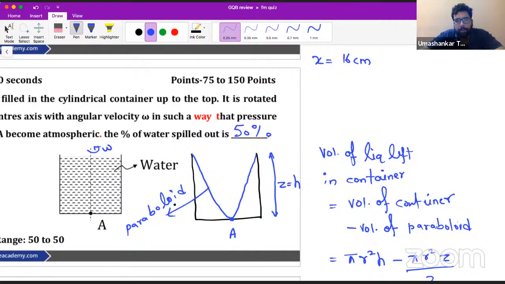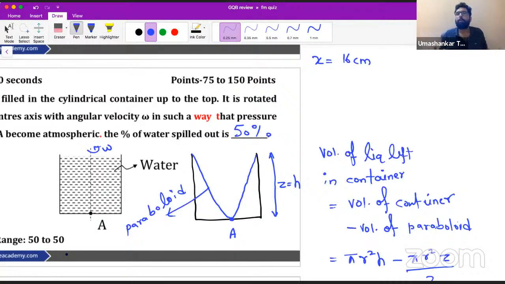Right, Keshav? How is Z equal to h? The pressure at point A should be atmospheric. So what is the pressure on the surface of my hand? It is atmospheric, right? Now, if I keep some water over my hand, the pressure on my hand surface would not be atmospheric anymore.